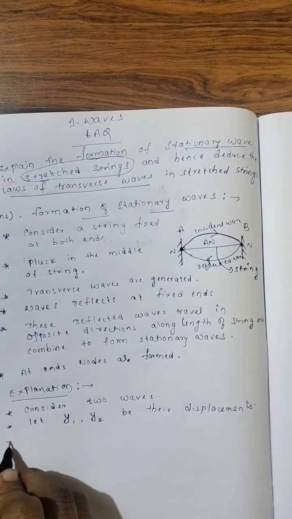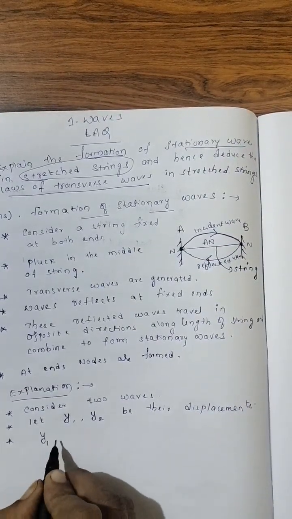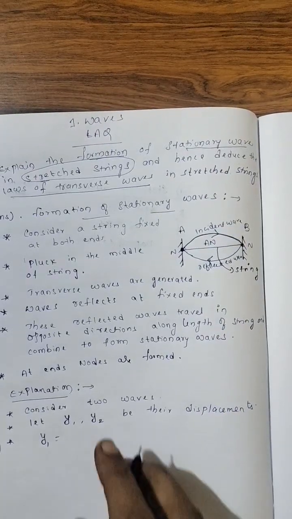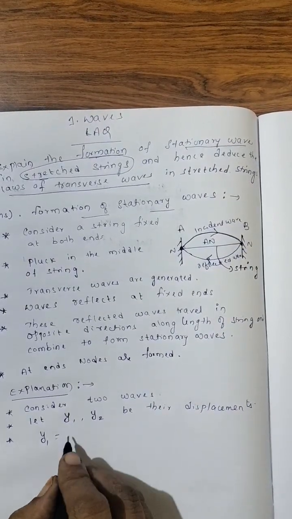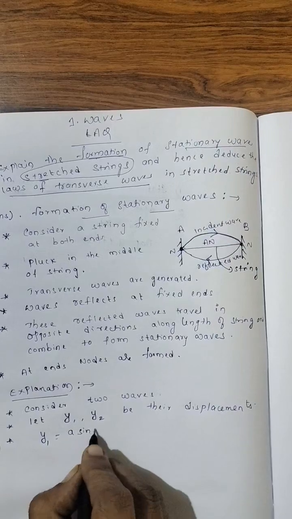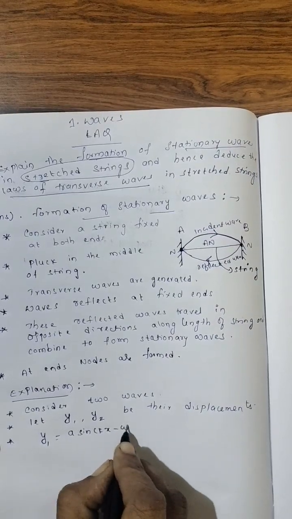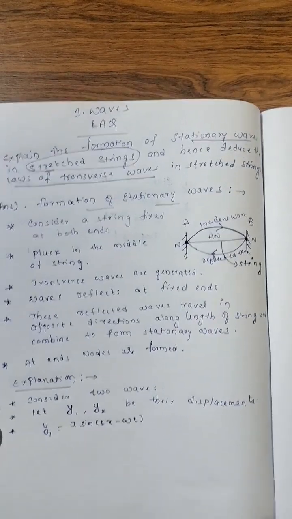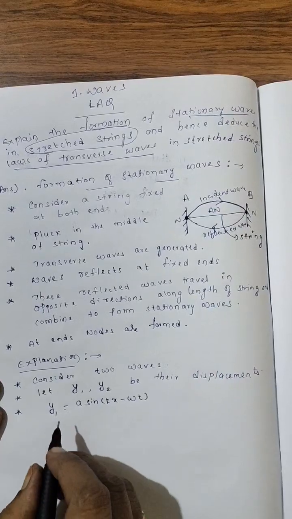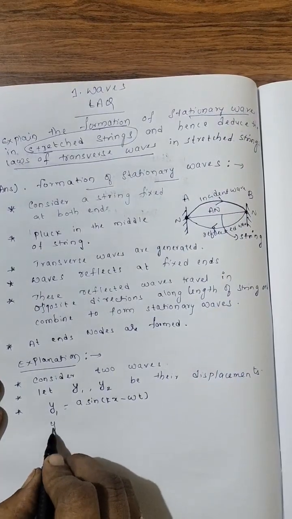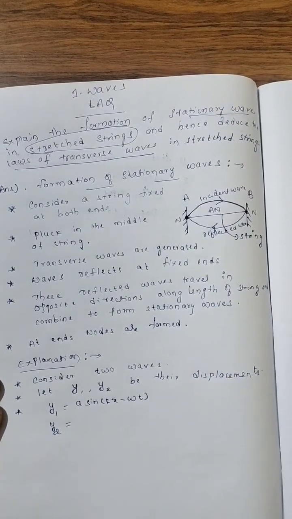Okay. Just remember y1. The formula for y1, we will write it as a sine (kx minus omega t). You just learn this. Practice. If you practice 2-3 times, you will get it.